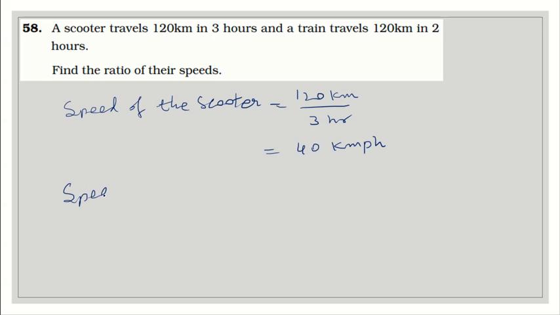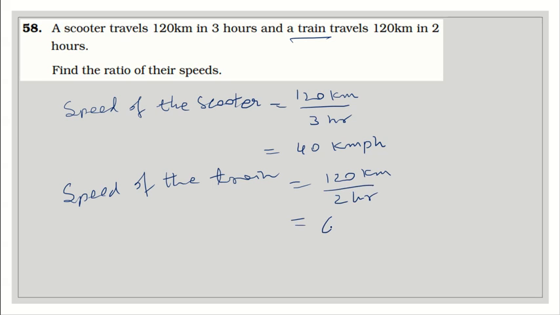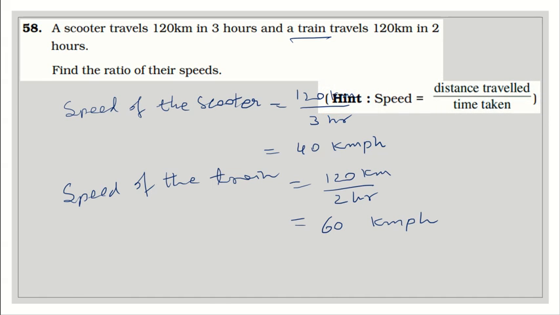Similarly, speed of the train is 120 kilometers for 2 hours, so 60 kmph, kilometers per hour. Why? Because you know speed is always distance traveled by time taken. You know now the speeds of them, the ratio of their speeds.